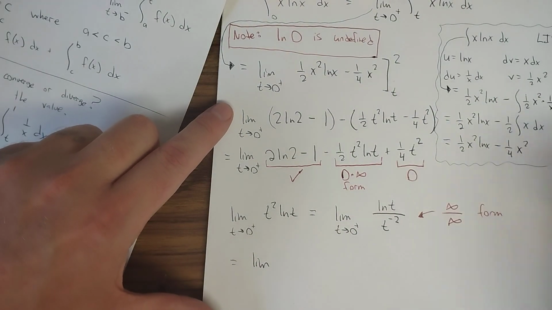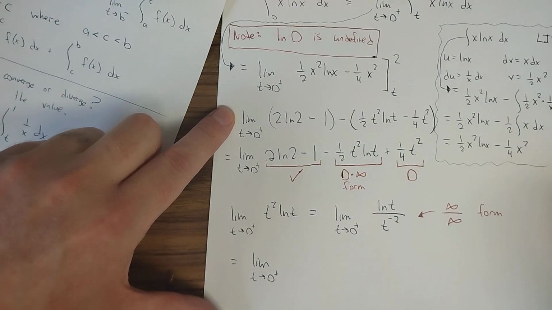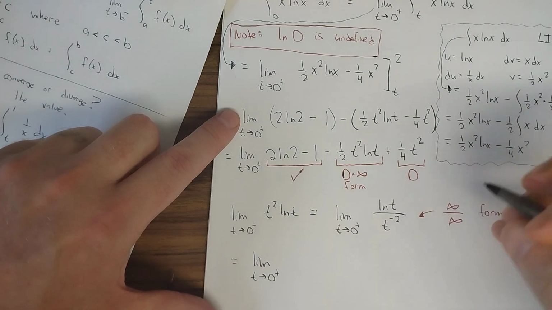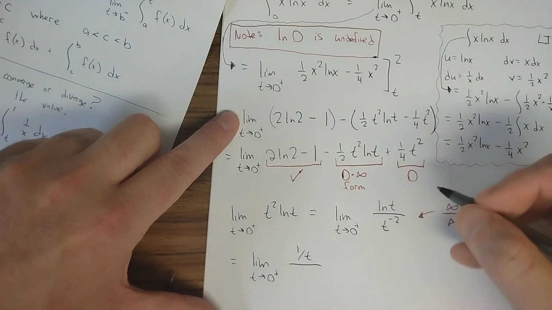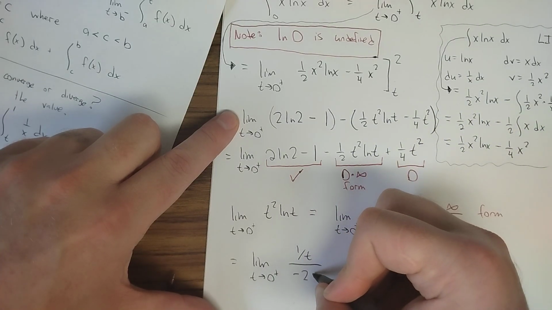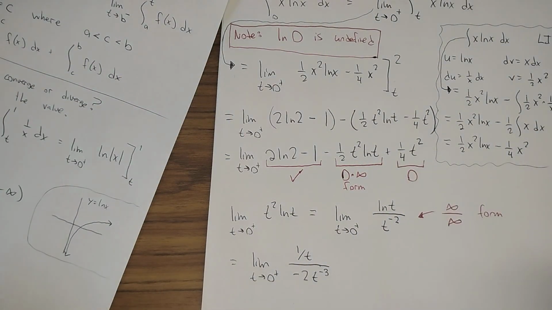So this is the limit, t goes to 0 from the right, of 1 over t divided by negative 2t to the negative 3 would be that derivative, right?